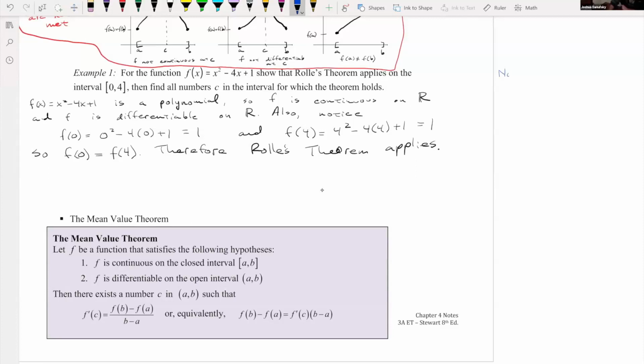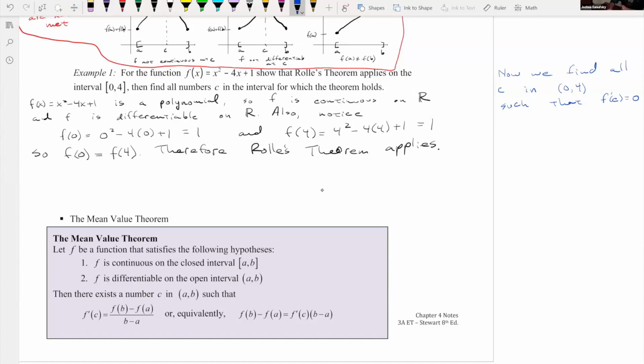Now we find all C in the interval 0 to 4 such that f prime of C equals 0. Rolle's theorem guarantees for us, based on the 3 criteria that we just noticed, there has to be an x value between 0 and 4 where we have a horizontal tangent line.